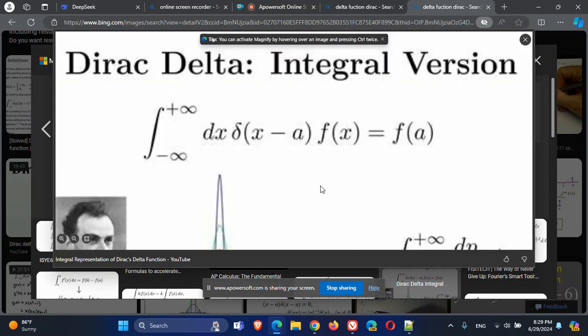Look at this identity: the integral from minus infinity to infinity of the Dirac delta function, delta of x minus a, integrated over x, for any other function f of x, equals f at the point a. This is an identity, and we will use this, so remember it.